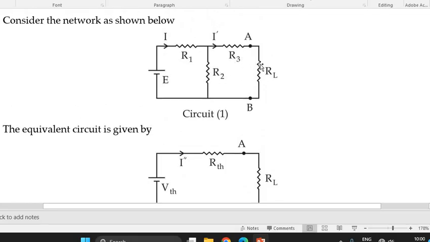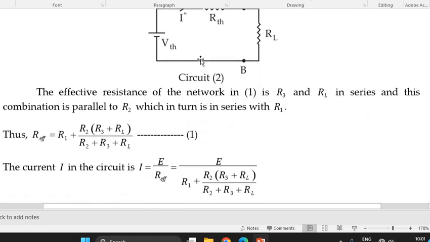So R3 plus RL are connected in parallel with R2 and the resultant value is connected in series with R1.